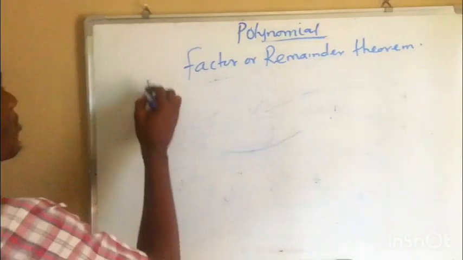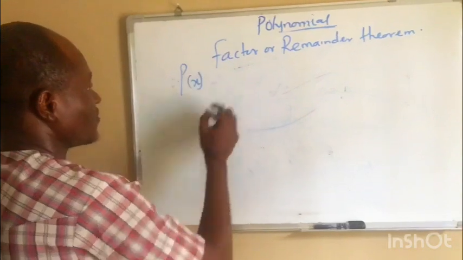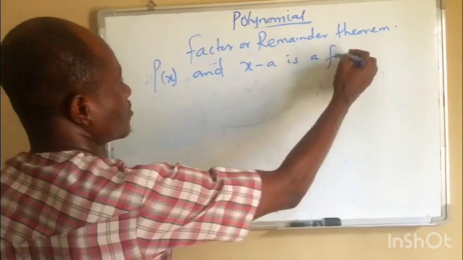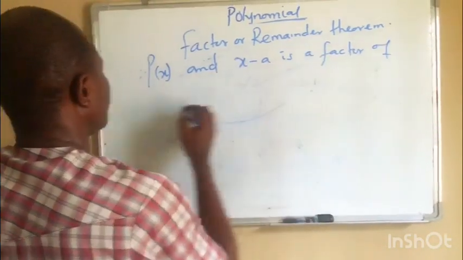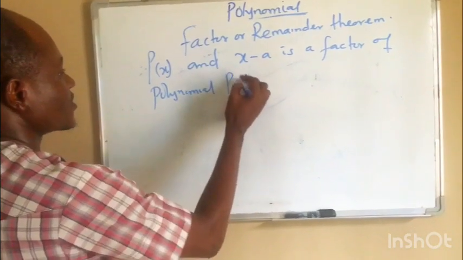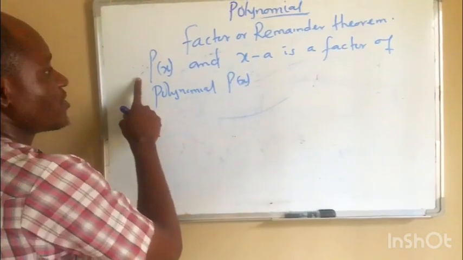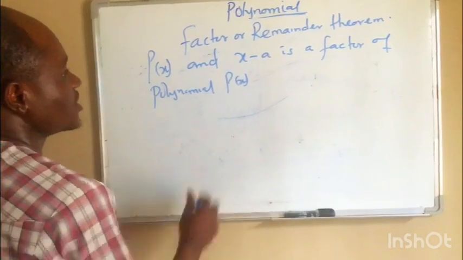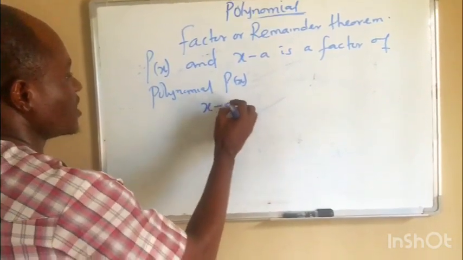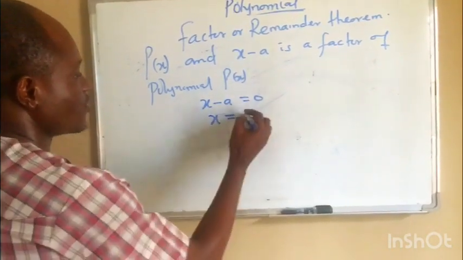It says that if you have a polynomial, let me say that polynomial p of x, and x minus a is a factor of polynomial p of x, then what they are trying to say is, if I set x minus a equal to 0, that means my x will be equal to a.